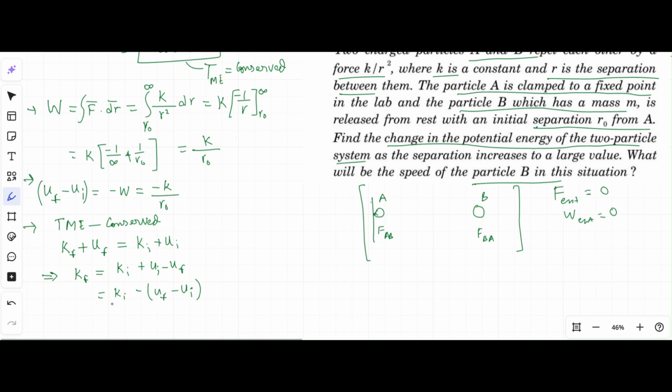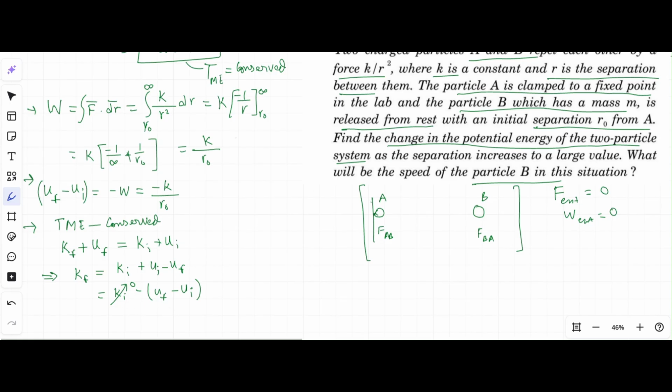Now this initial kinetic energy is equal to 0 as there is no velocity initially, because the particle B was brought near it and initially it was at r0 distance. So the initial separation was there and it was released from rest.